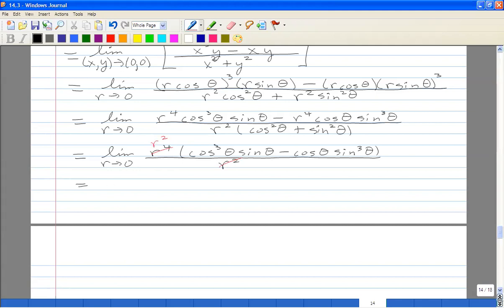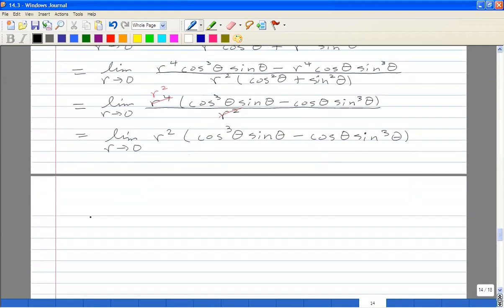And so I get the limit as r approaches 0 of r squared times stuff: cosine cubed theta sine theta minus cosine theta sine cubed theta. This is bounded, and so it's something bounded times something going to 0, which approaches 0.